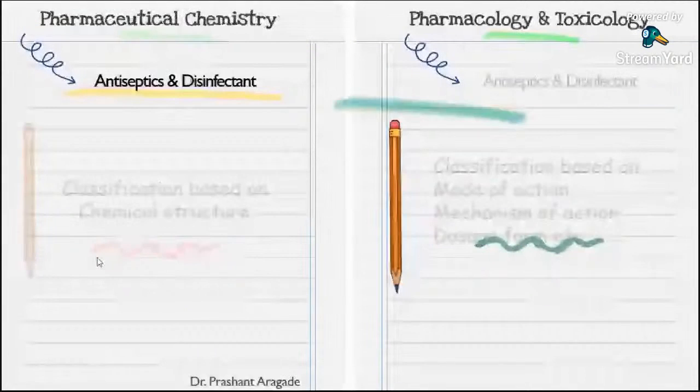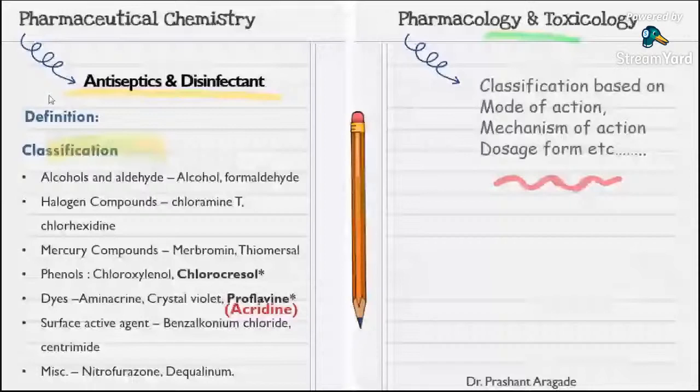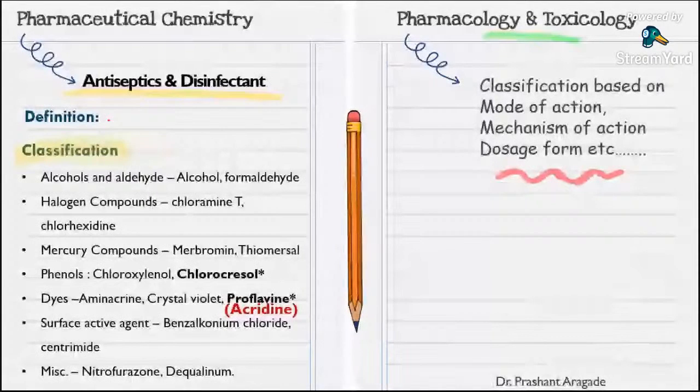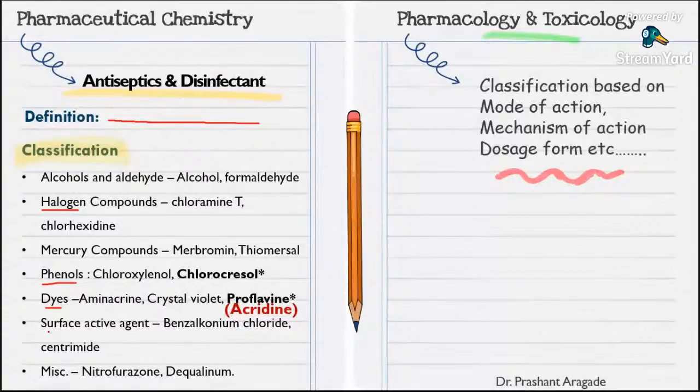So you have to start with the definition. First write down the definitions given in your chemistry books or given during our lectures, and then write down the classification. So alcohols and aldehydes, halogen derivatives, phenols, dyes, surface active agents. This is the classification based on chemistry, isn't it?